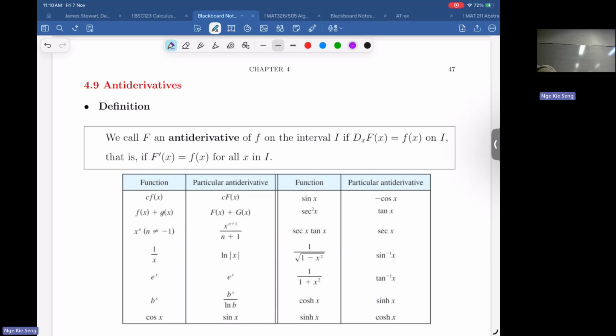What do you mean? If it's equal, then A plus B plus C, and we will find the maximum. Wait, let me think. Oh, you mean when this is equal, then this is equal.